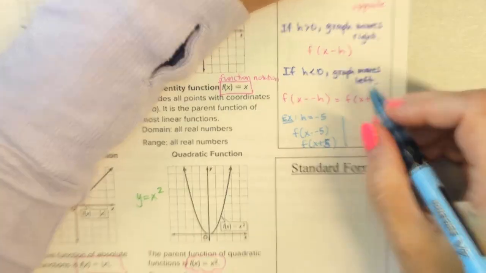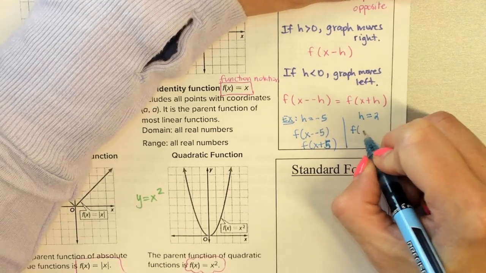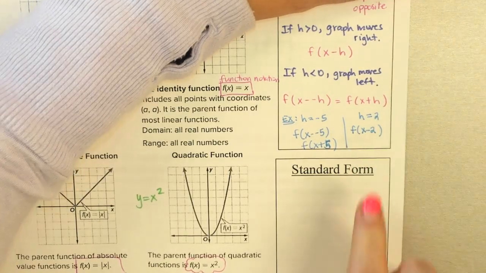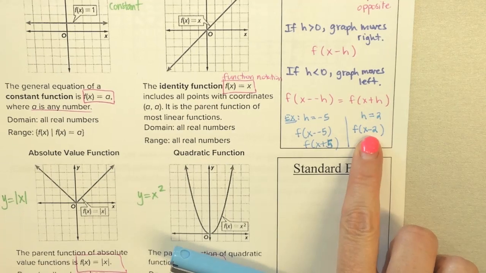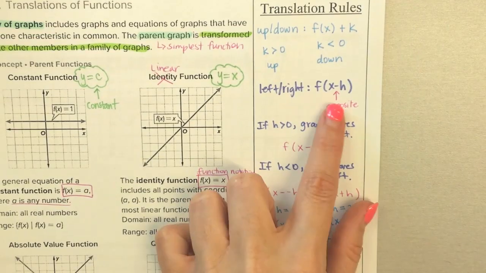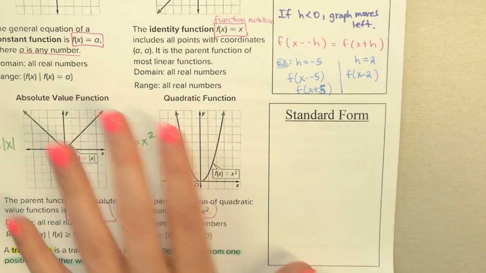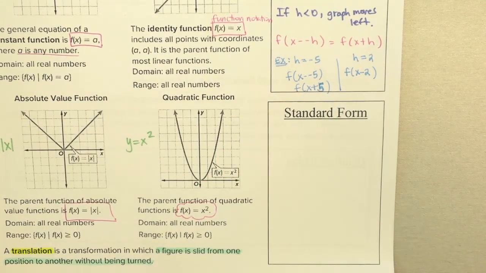And then if your h value is positive, let's say it's 2, if you plug that in, you'd have f of x minus 2. That's what you would see in the equation, okay? Because you're plugging it in to this. This is the rule. Okay, but h is positive, so that means it's going to the right.